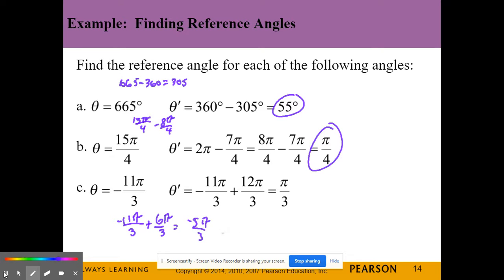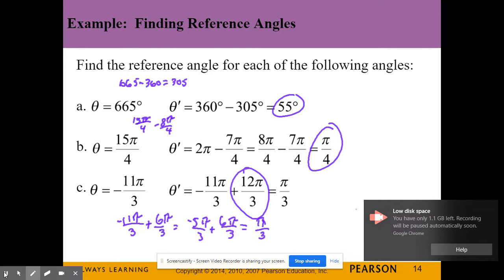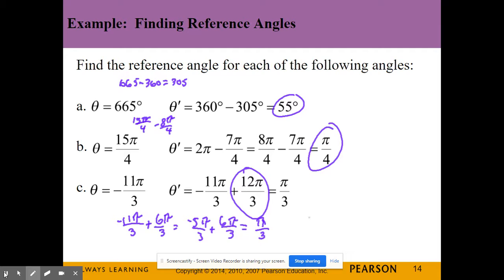And then you add another 6 pi over 3, and you end up with pi over 3. If you just do it all in one step, that's fine. But pi over 3 is the coterminal angle for negative 11 pi over 3. So you don't have to do an extra step on that.